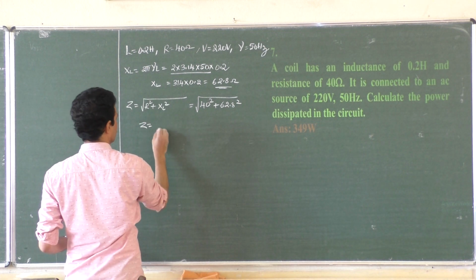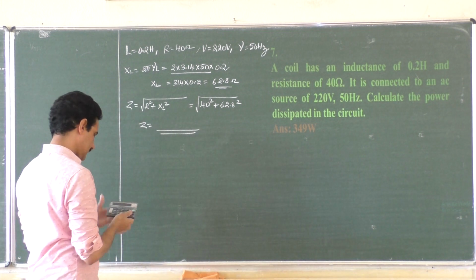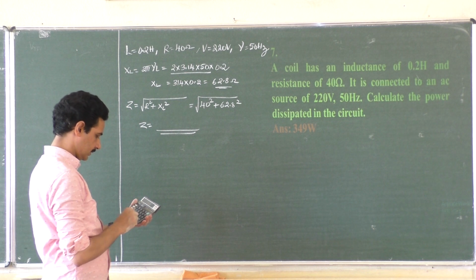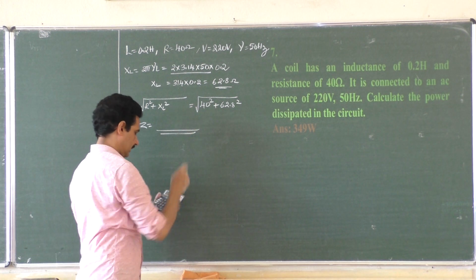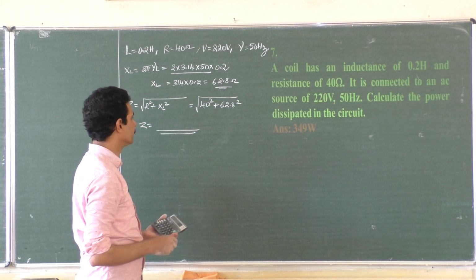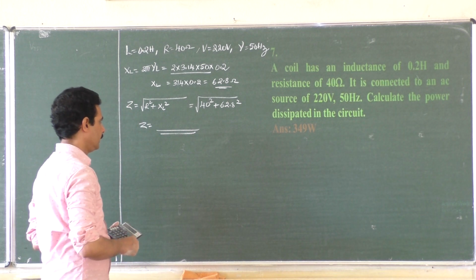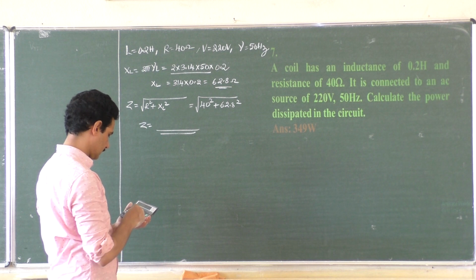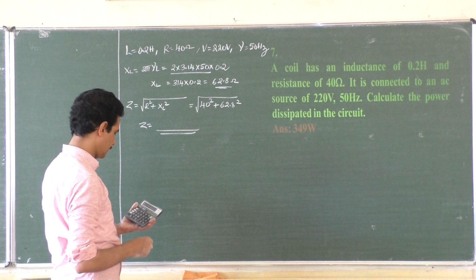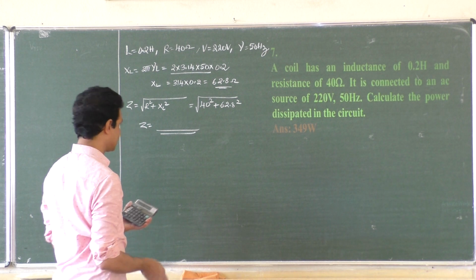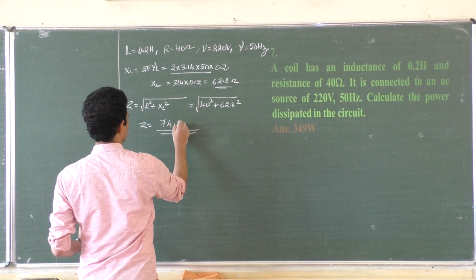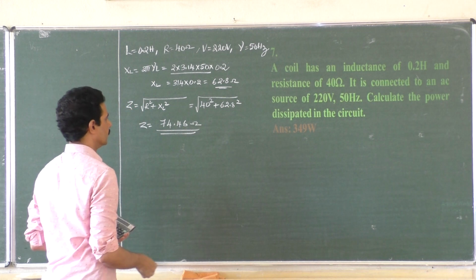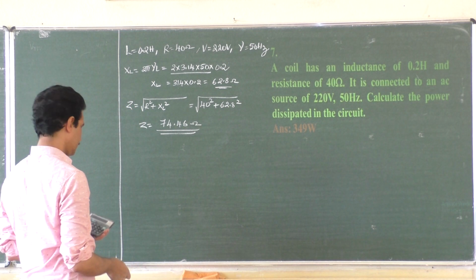You have to find it out: 62.8 into 62.8, plus 40 square, 1600, 40 into 40. That is equal to the square root, which is 74.46. I'll approximate it to 74.46 ohm. Okay, that's over.